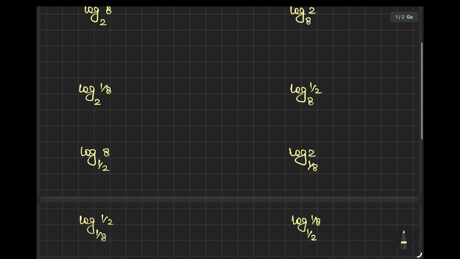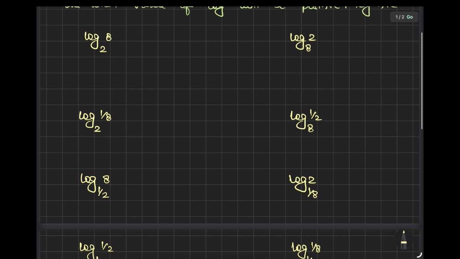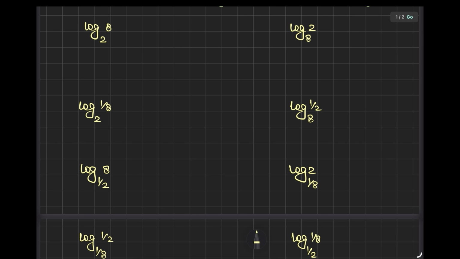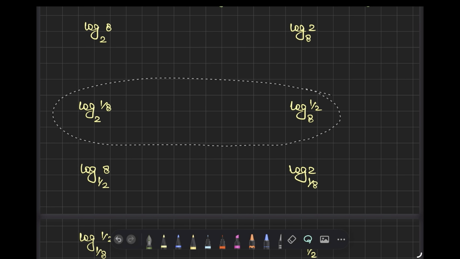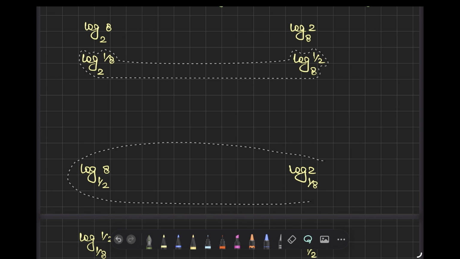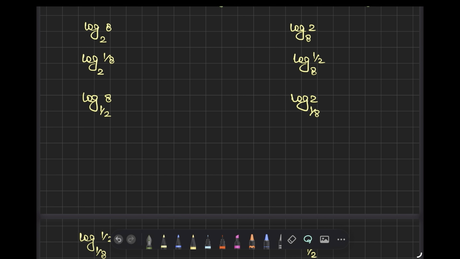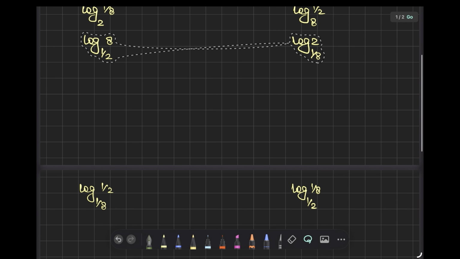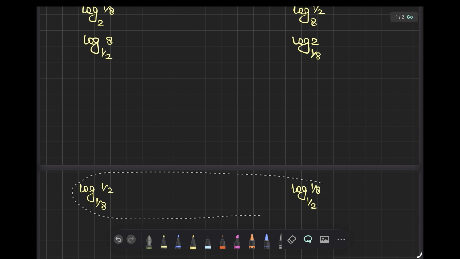Okay, I think this is enough to get the clear picture. So I'll place it here, and we will think about what happens next.